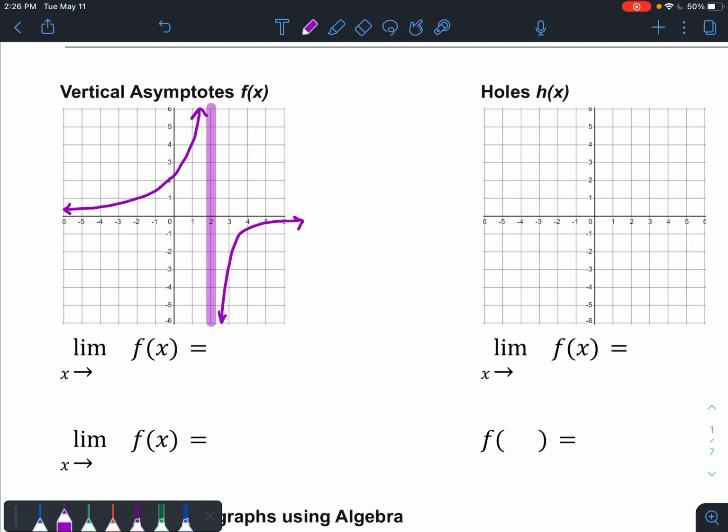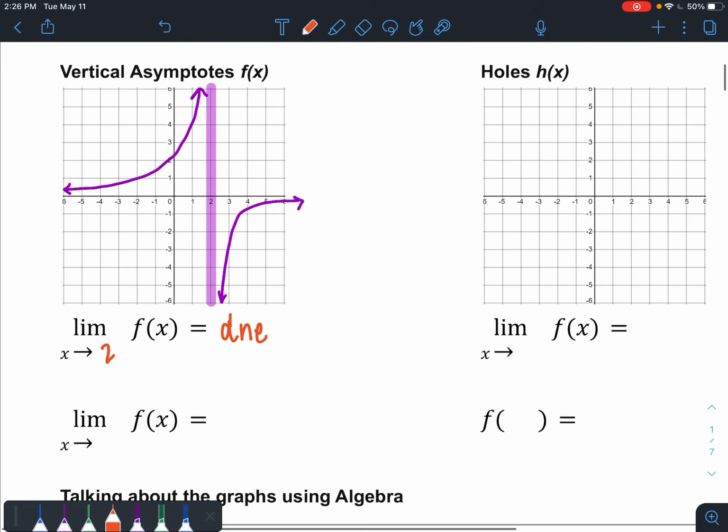So at +2, as the limit approaches +2 from the left and from the right, they're going in different directions, so it does not exist. From the left and from the right, we're getting different things, so it does not exist.